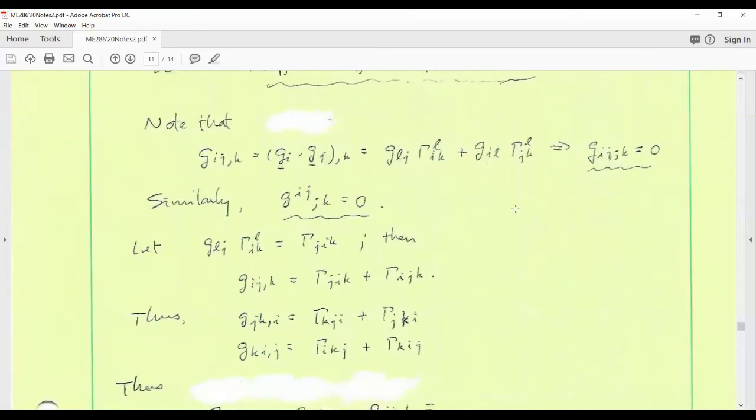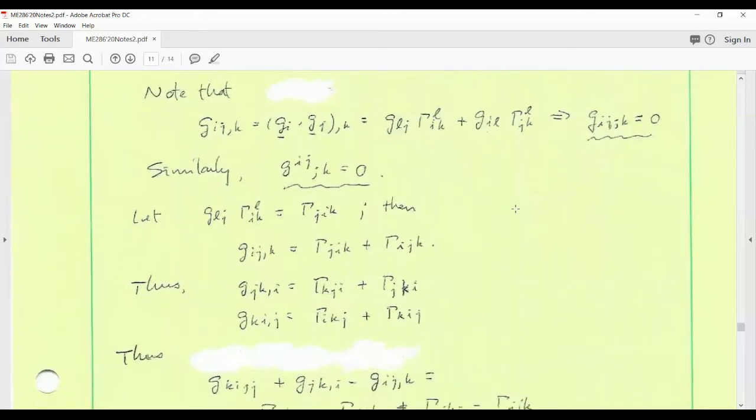It transpires that we can compute the connection coefficients in terms of the metric and its derivatives. To see that, let's make a definition. We see here we have the metric multiplying the connection coefficients.